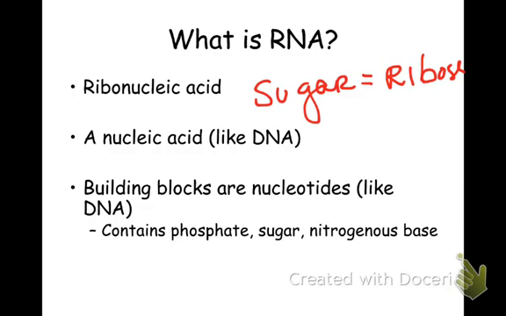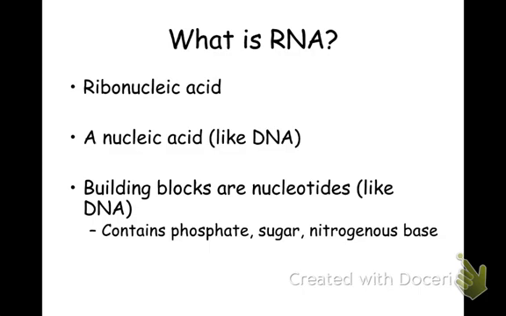So we make a few slight changes, one of them being that the sugar is ribose instead of deoxyribose. It's very similar to DNA. The building blocks are very similar. So it has the A, it has a C, and it has a G, but instead of the T, it has U.